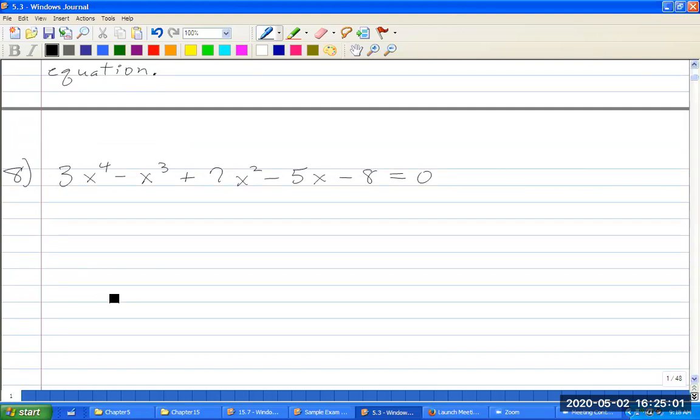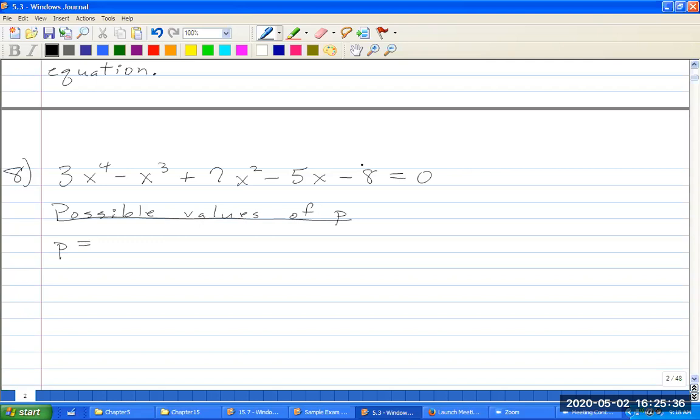So first, let's figure out the possible values of P. So what are the possible values of P? I want to find the factors of 8.